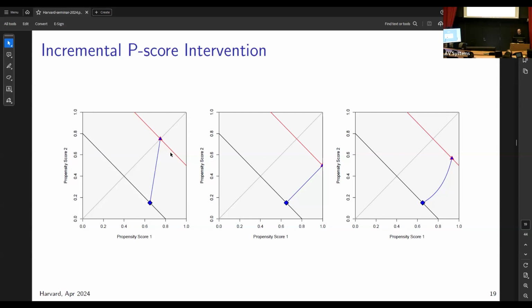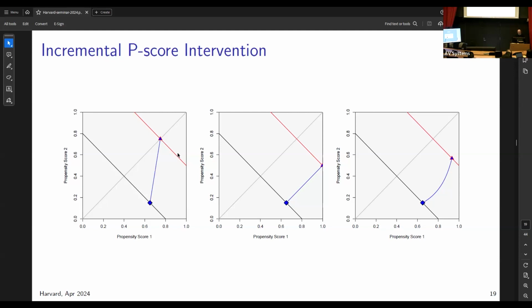What the type B policy estimates were doing, and those sets of methods, was asking what would happen if we moved to this triangle here. We moved from a scenario where individual one was more likely than individual two to get treatment to a scenario where they're both equally likely to get treatment. What we're saying is that in many settings that may not be the relevant counterfactual to think about.